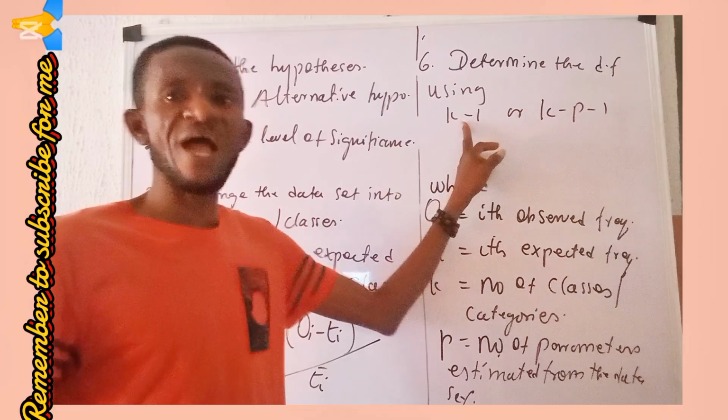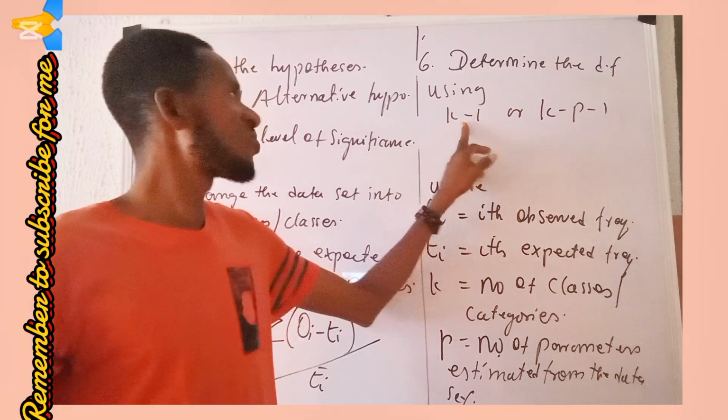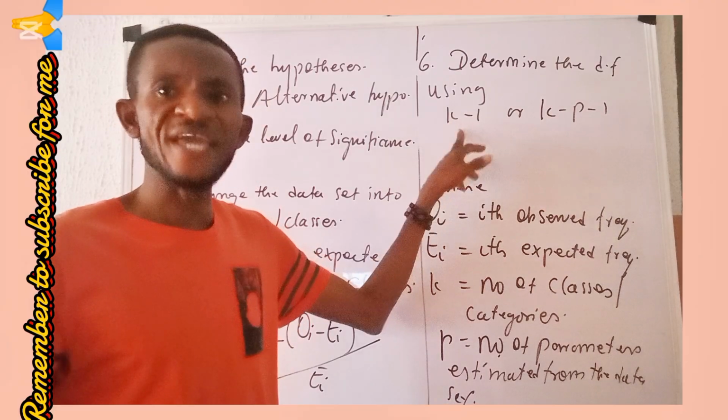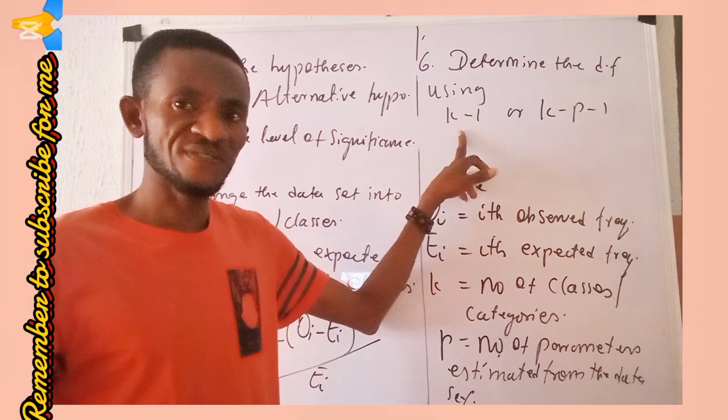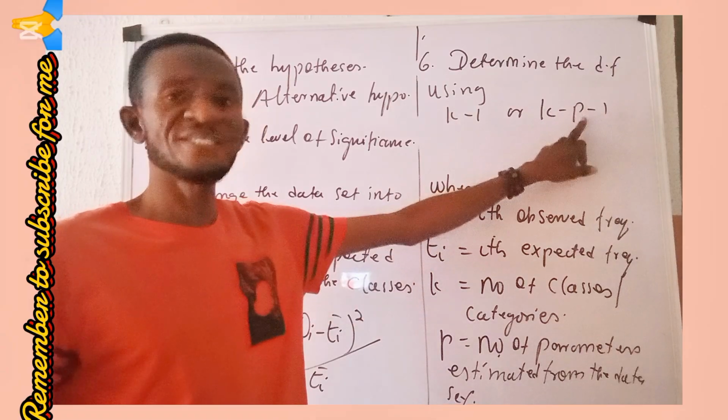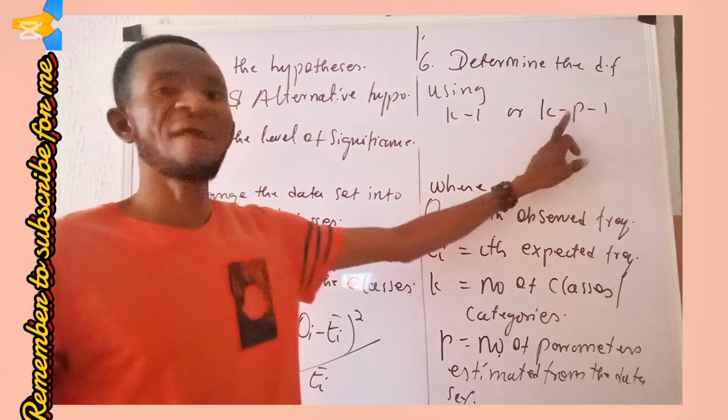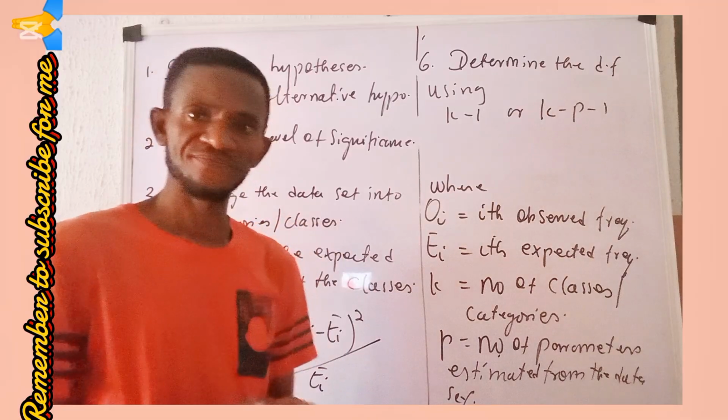If no parameter was estimated, we make use of k minus 1, where k is talking about number of classes. But if parameter is estimated, we talk about k minus p minus 1.